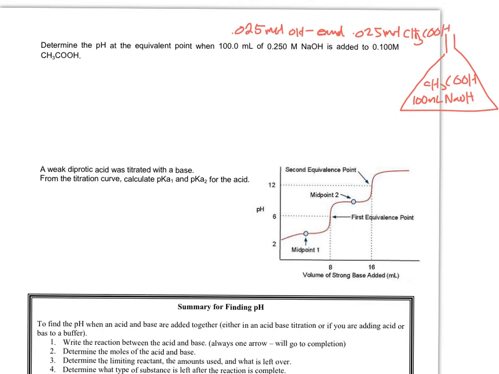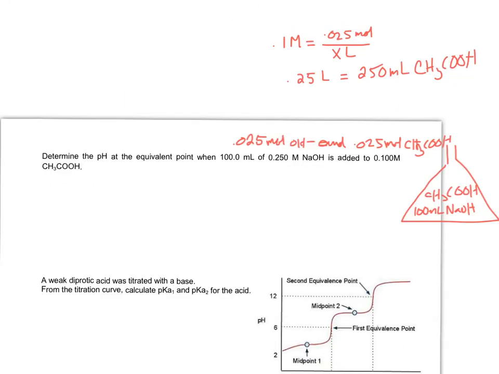Since I know that my acetic acid is 0.1 molar, I can figure out that I have 250 milliliters of my acetic acid. Here's my calculation to figure that out. I have 0.1 molar, I need 0.025 moles over X liters, so it ends up being 0.25 liters.